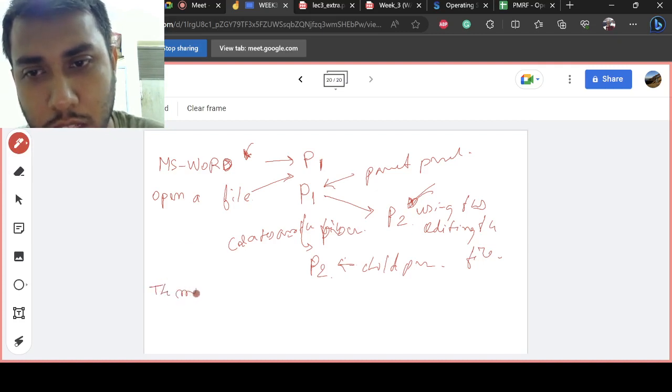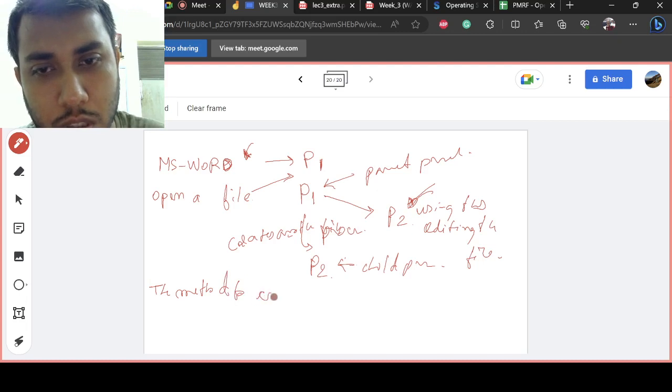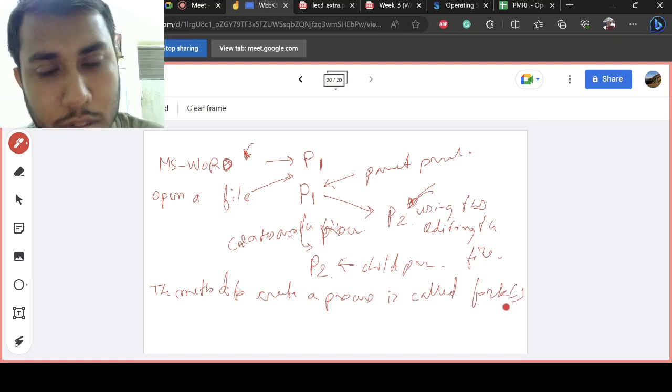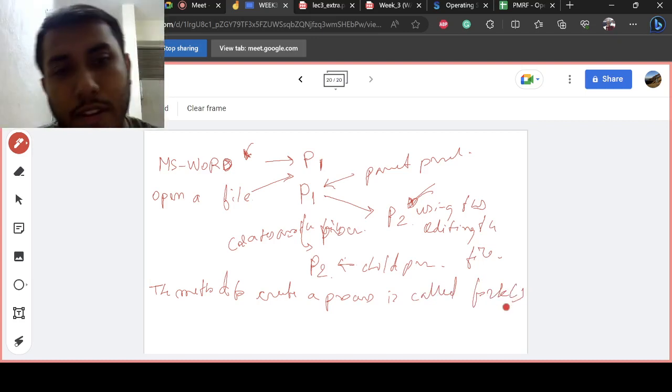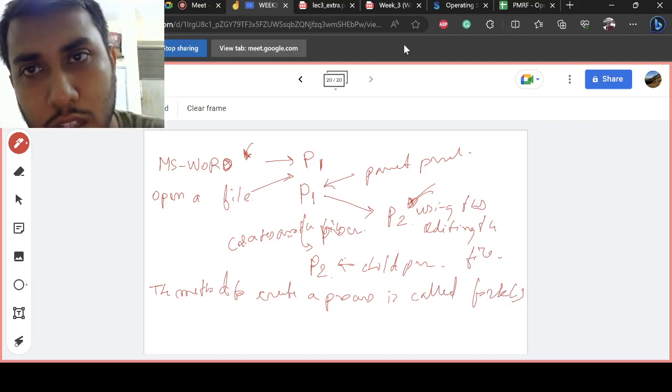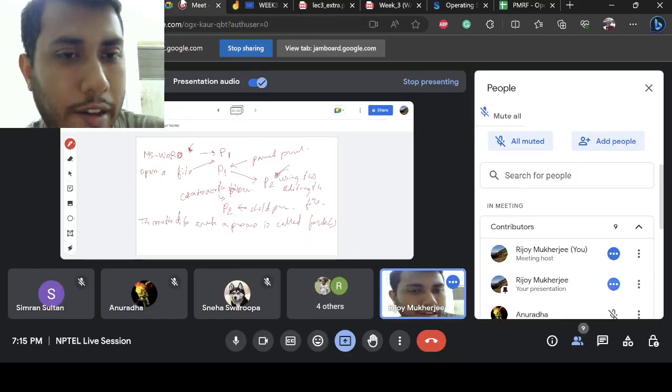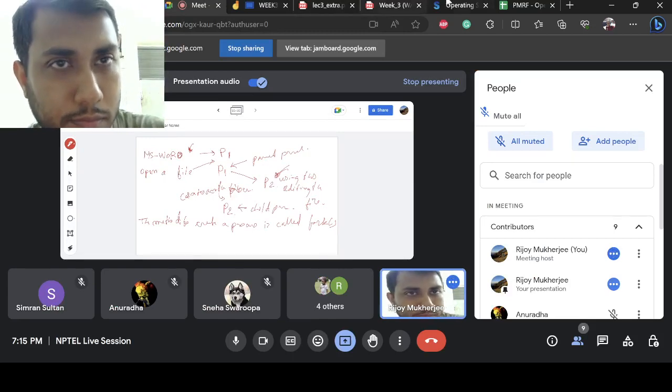The method to create a process is called fork. So this is an example of child and parent processes.